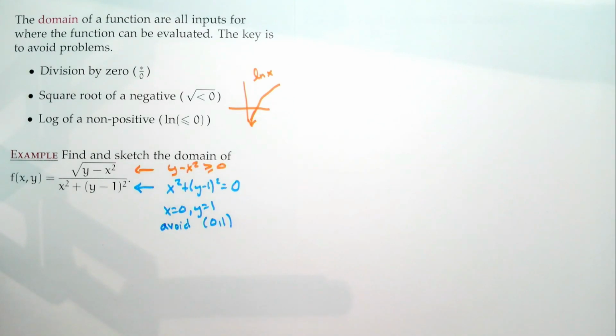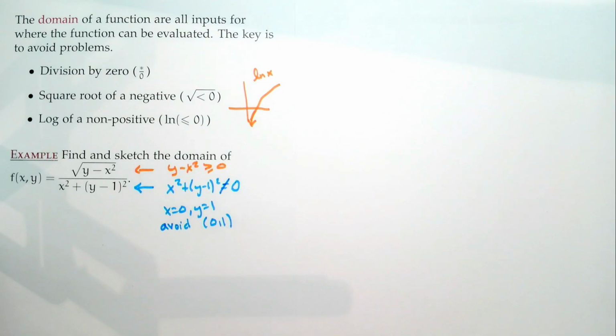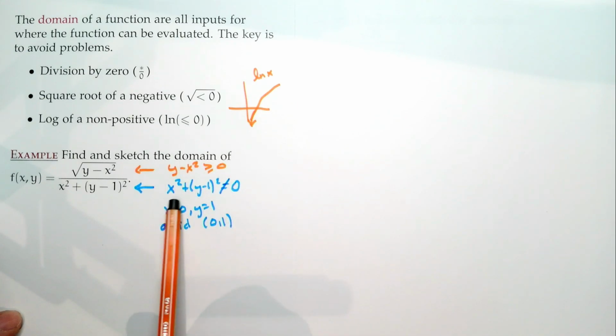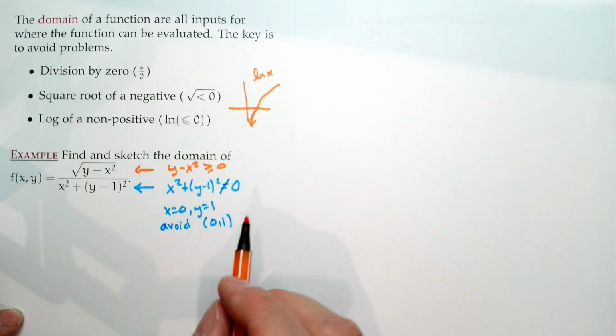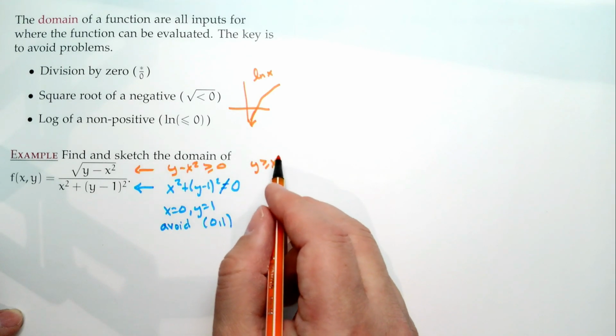And I should have put x squared plus y minus 1 squared, just to make it consistent, I should say, look, that should just not be 0. That's what we need. So we can go from the original function to say, we really have two conditions. We've talked about this x squared plus y minus 1 squared, and y minus x squared greater than or equal to 0. Another way to say that is that y should be greater than or equal to x squared.